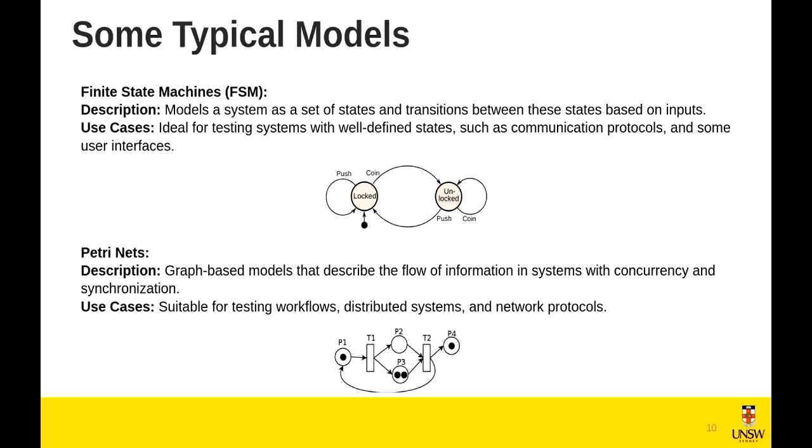Each one of the nodes in this graph is either a place or a transition, and it uses transitions to transit from place to place. You can also see some dark dots inside the places, and those are tokens. So it can transit tokens from one place to another.